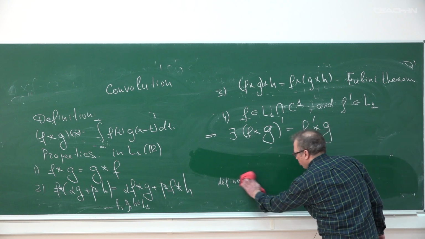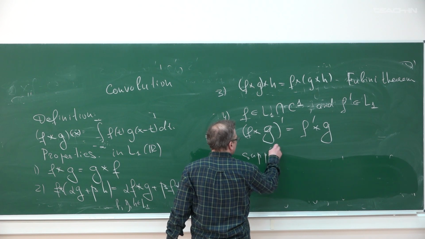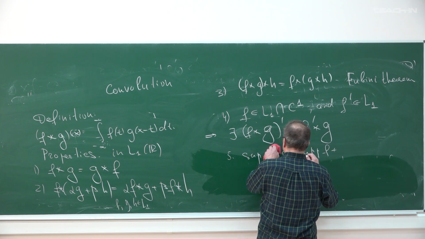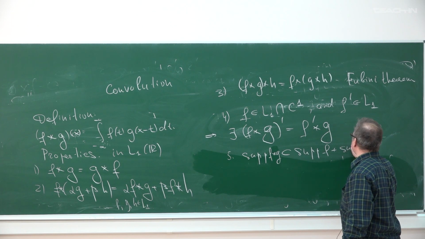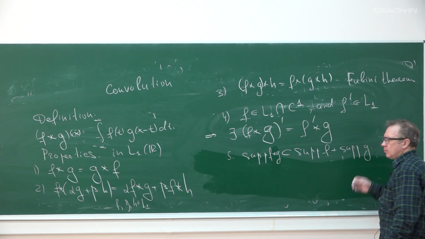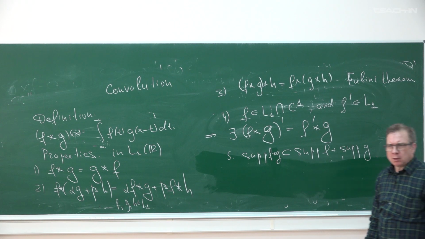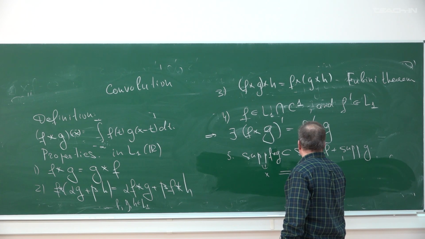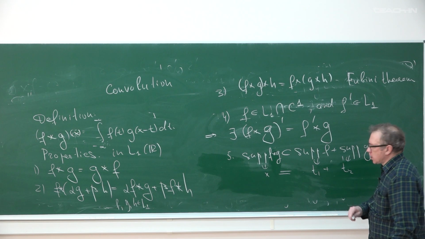What can you say about the support of the convolution? The support of the convolution lies in the sum of supports. What does sum mean? Sum means in the set-theoretic sense, so x equals t1 plus t2.